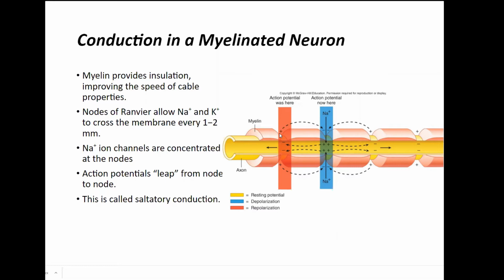Those nodes of Ranvier are where you'd see concentration of your voltage-gated channels, and that is where you would see the action potential. So it would go directly from one gap in the myelin to the next gap, not having to trigger the stuff in the middle. So this would conduct an action potential faster. We call it saltatory conduction.